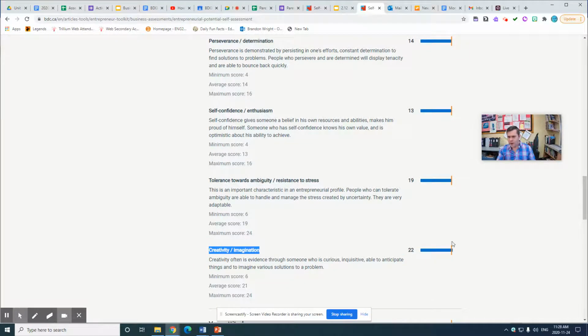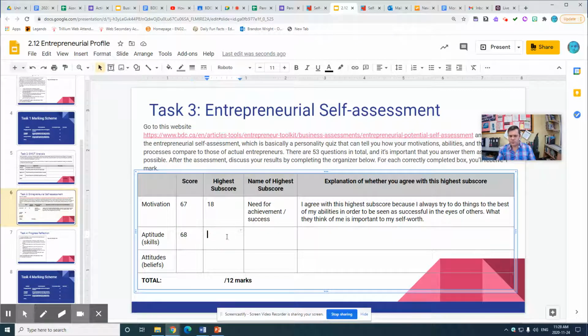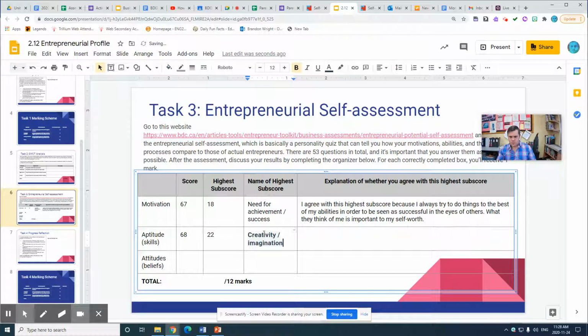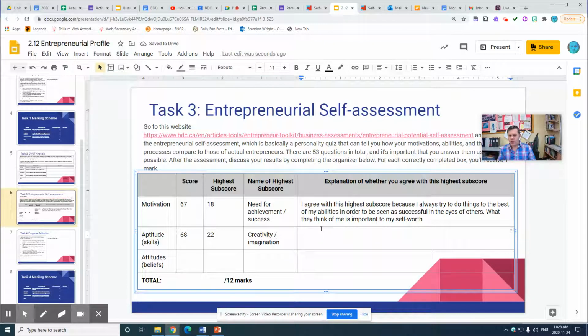And that's the only one where I'm above average. And then I would type whether I agree with this score or not. So you'll get a mark for each correctly completed box for a total of 12 marks in this section.